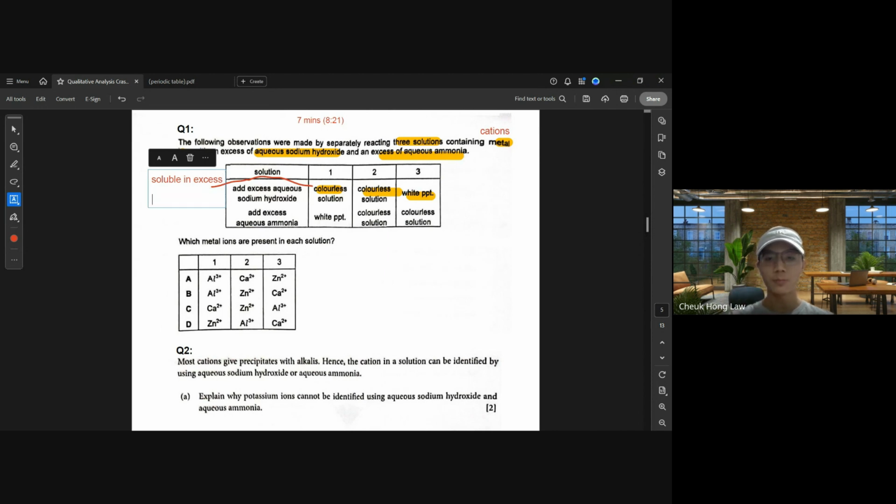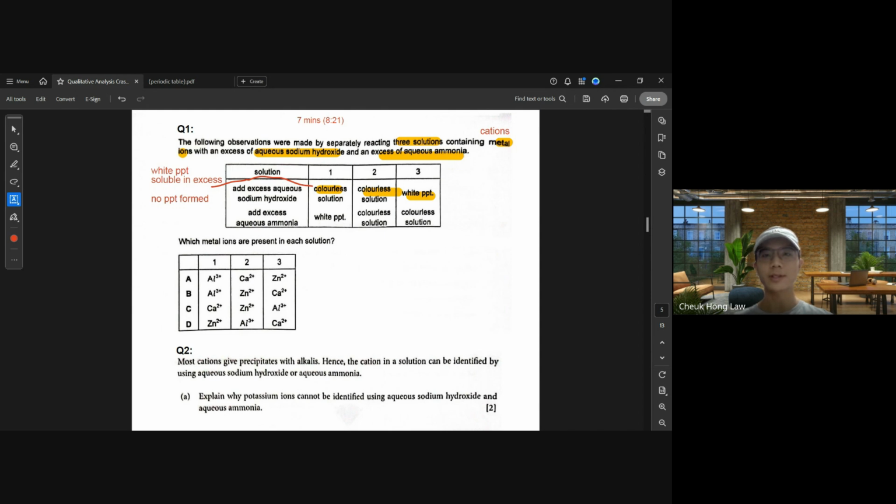A white precipitate soluble in excess will give a colorless solution. So this tells us that 1 and 2 are most likely a white precipitate soluble in excess.